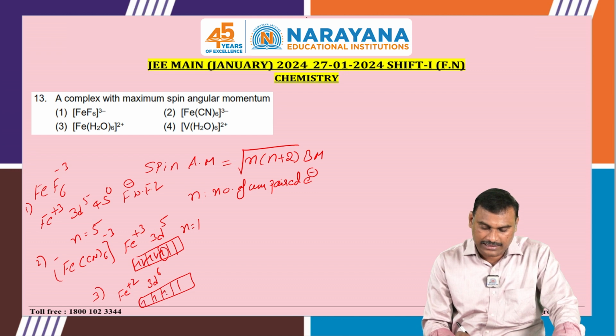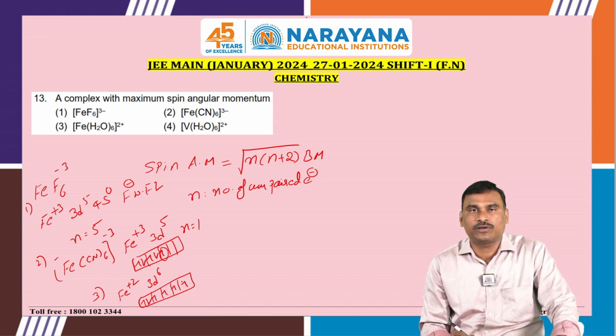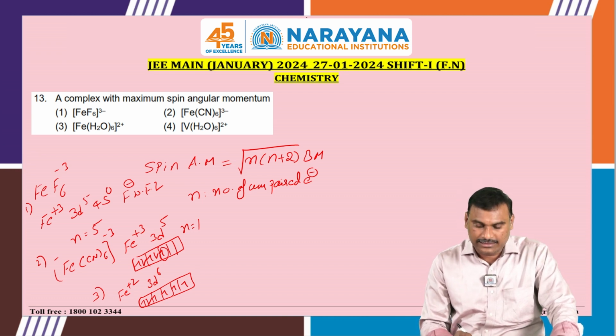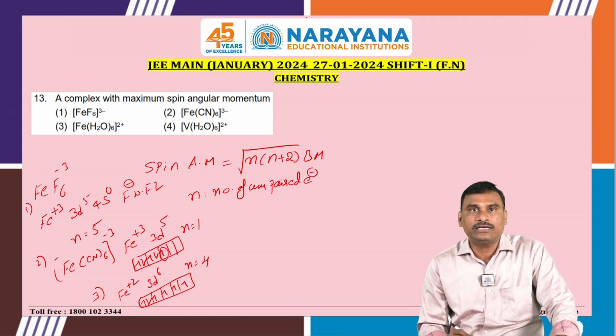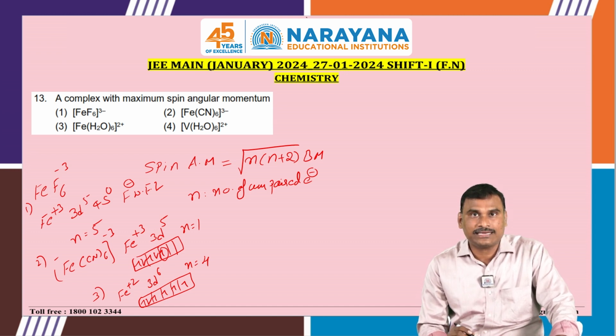While filling the electrons, according to Hund's rule, electrons do not get paired up. Then in the d6 configuration, the unpaired electrons are still 4 only. Here is the problem: according to Hund's rule only we are pairing, not opposite to it. Since water is a weak field ligand, the unpaired electrons are 4 only.